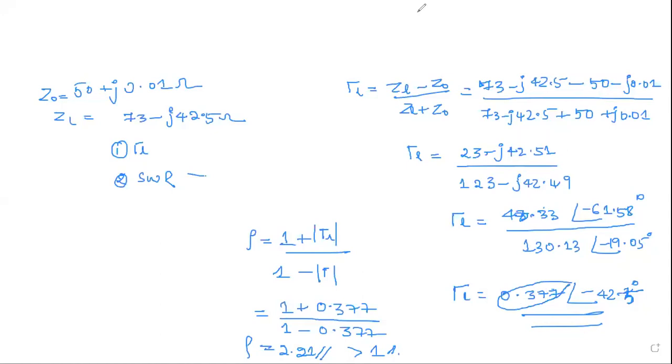A transmission line working at radio frequency has following constants: L is equal to 9 microhenry per meter. Next, capacitance is equal to 16 picofarad per meter.